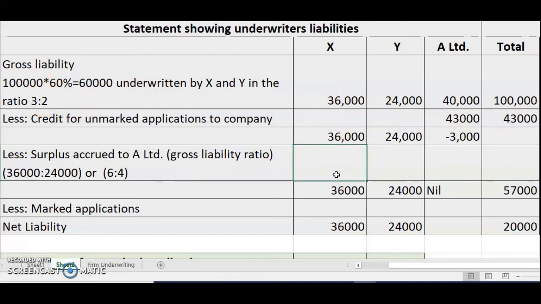So when I do this, it is 3,000 into 3 divided by 5, which gives you 1,800, and in Y's column it is 3,000 into 2 divided by 5, which is 1,200. So the total is 3,000, and you have to write here plus 3,000.